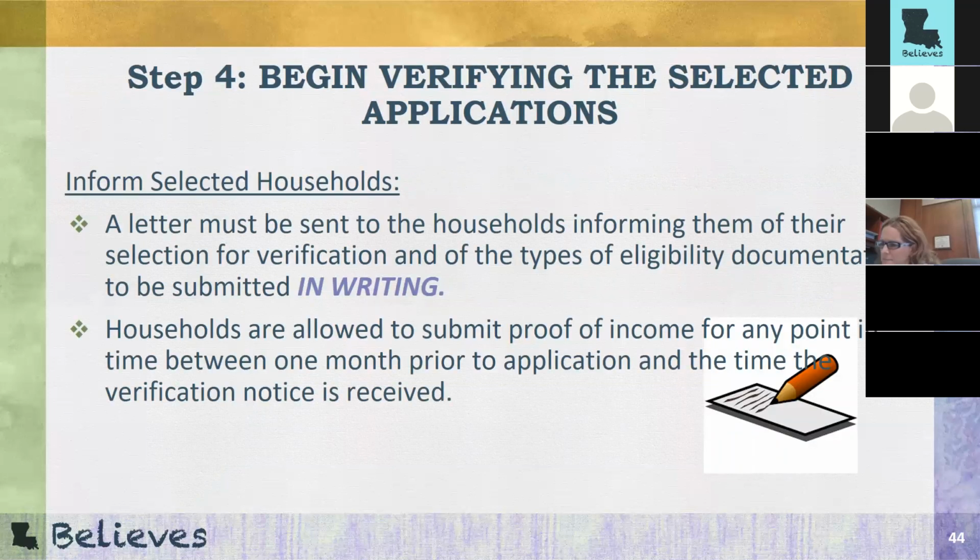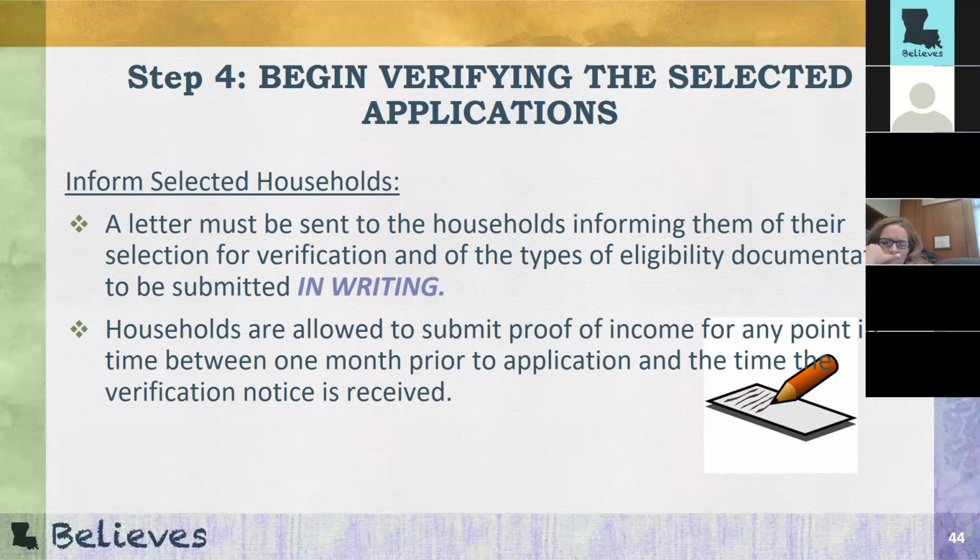Once selection procedures are complete, the LEA proceeds with household notification. Requirements for household notification of selection for verification are included at 7 CFR 245.6A-F.